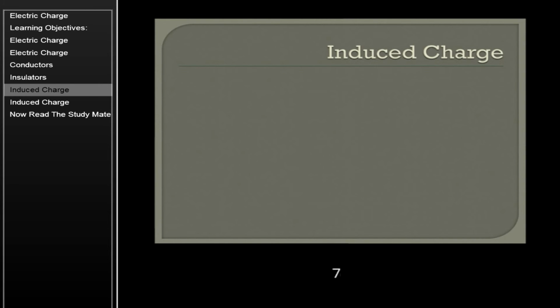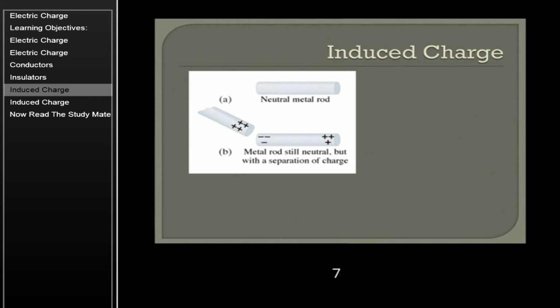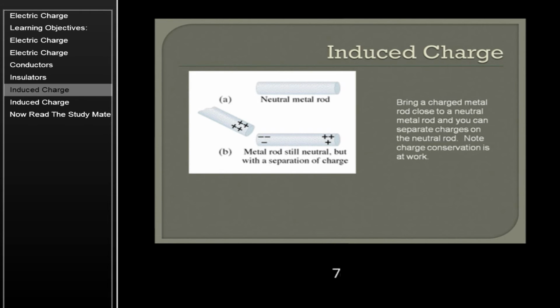Induced charge. Here, if we bring a charged metal rod closer to a neutral metal rod, you can separate charges on the neutral rod, that is, induced charge appears at the ends of the neutral rod. Here, we should note that charge conservation is at work.